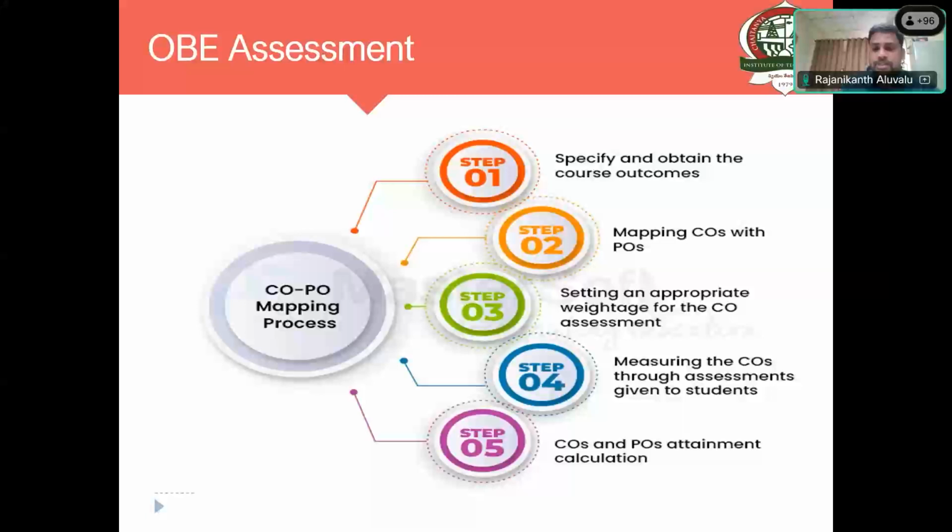So how does it work? We specify and obtain the course outcomes. Then we map the course outcomes with the program outcomes. Then we set an appropriate weightage for the CO assessment. Then we measure whether the COs are attained through assessments given by the students. And finally, we do CO and PO attainment calculation. In fact, this was already discussed by the speaker yesterday.